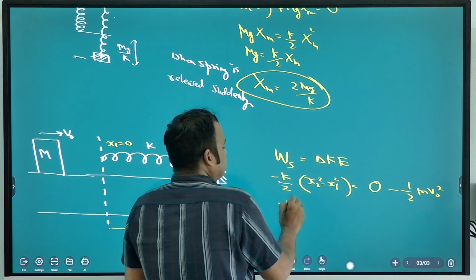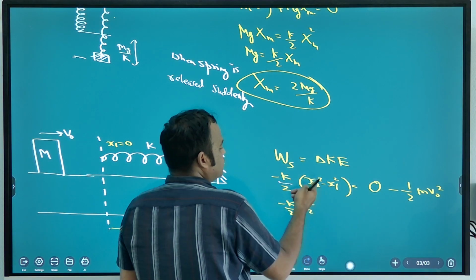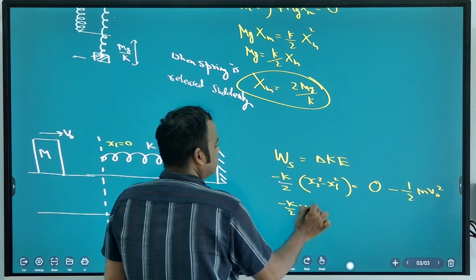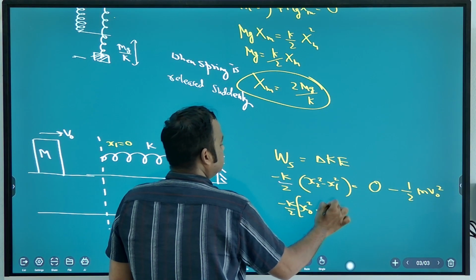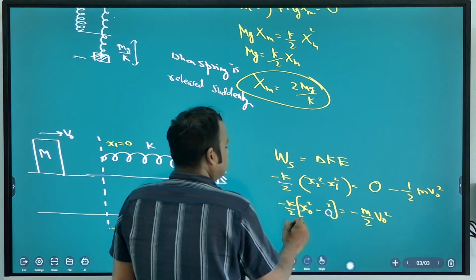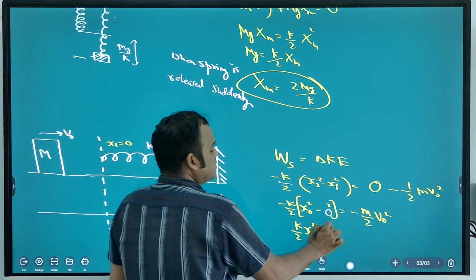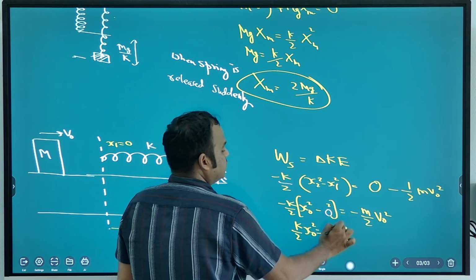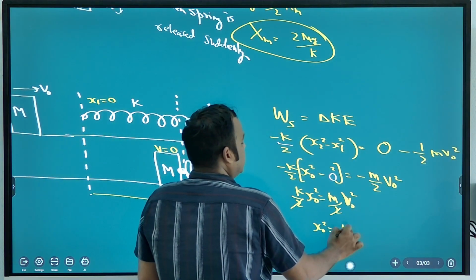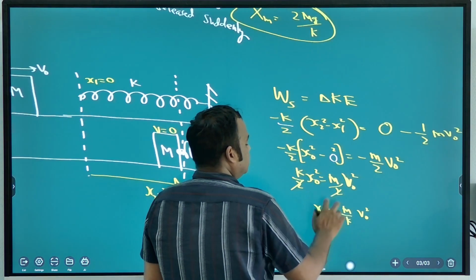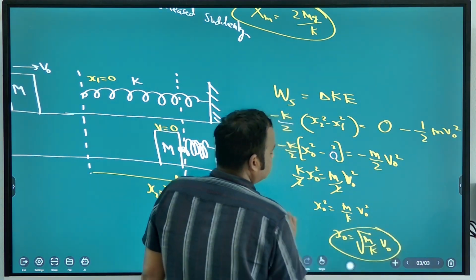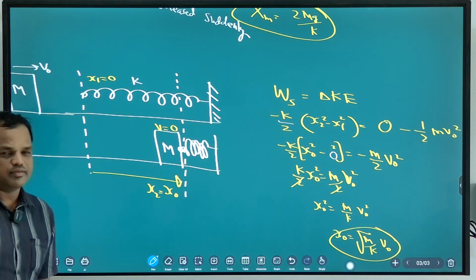Here x2 is x naught and x1 is 0. The minus signs cancel, so k by 2 x naught square is equal to m by 2 v naught square. The 2 cancels. So x naught square is m by k into v naught square, and x naught is square root of m by k into v naught. Remember this, it is very important.